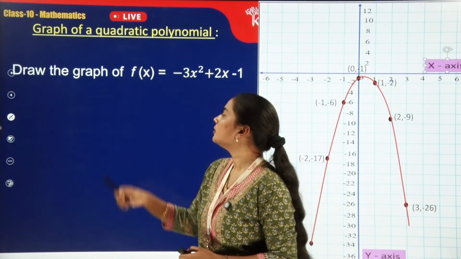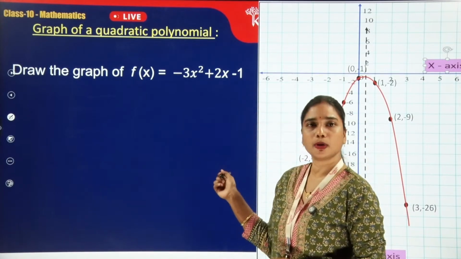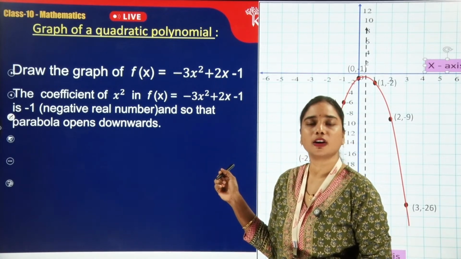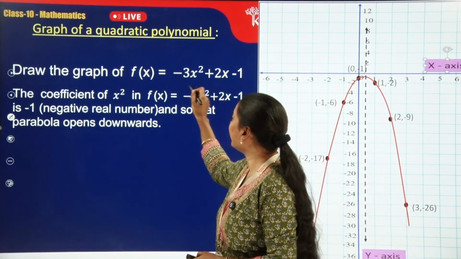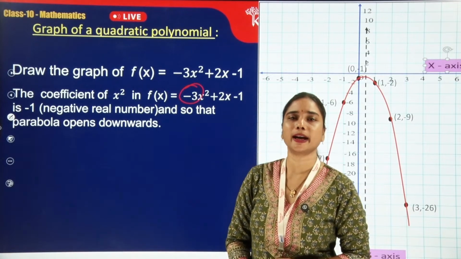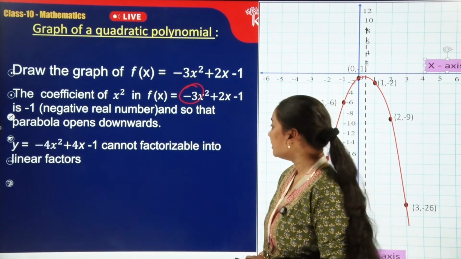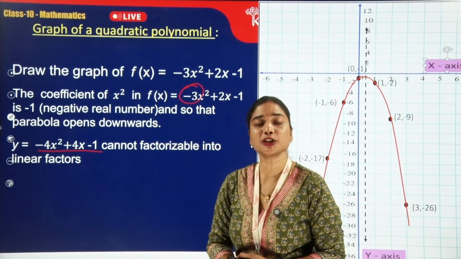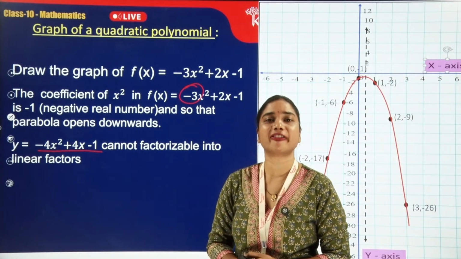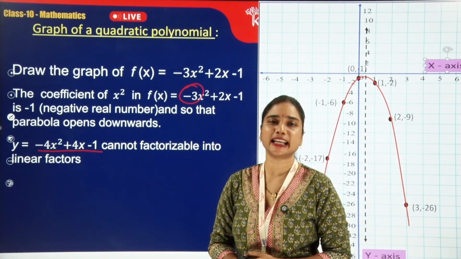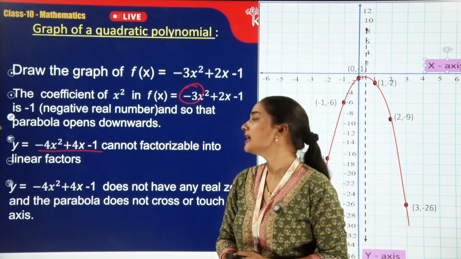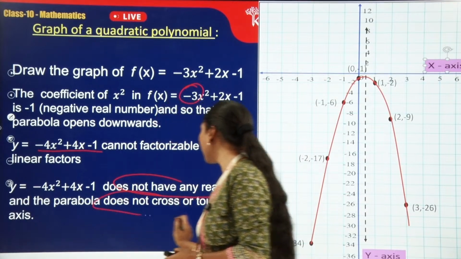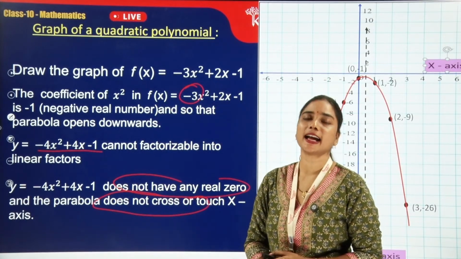Let's see. The graph is a parabola which opens toward the downward direction, because the x square coefficient is negative. And this -3x square plus 2x minus 1 cannot be factorized into two linear factors. So that's why the parabola does not have any real zero, and does not cross or touch the x-axis.